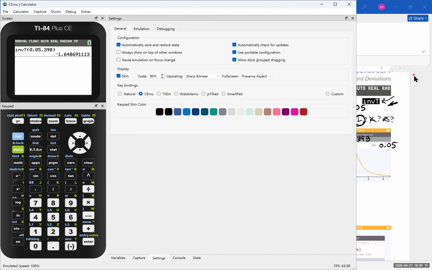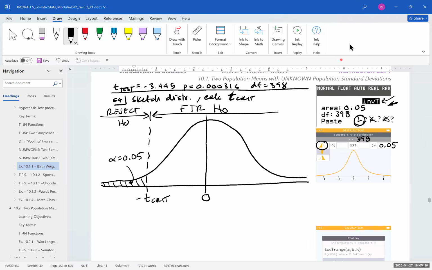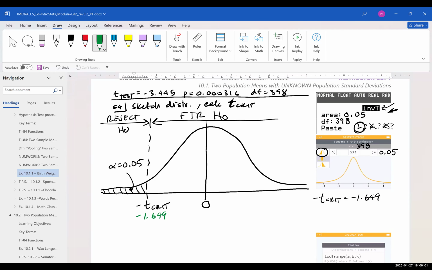So that's going to be a negative t crit of negative 1.649. Negative 1.649.